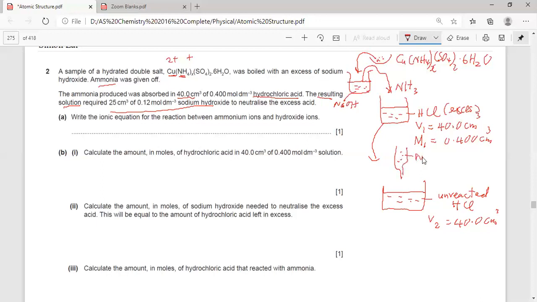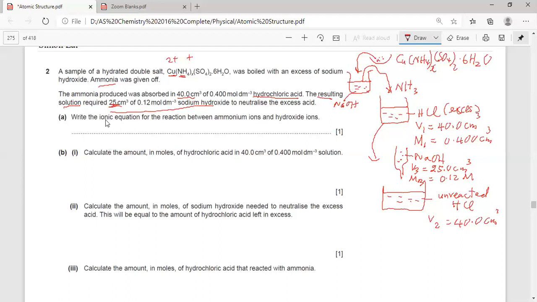Use your NaOH, given here. And how much is it? V3 equals 25.0 cm cube. And what is the molarity of my NaOH? M3 equals 0.12 molar.